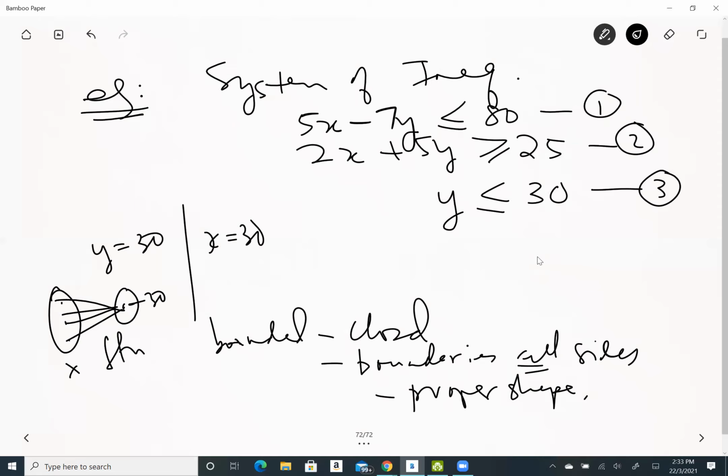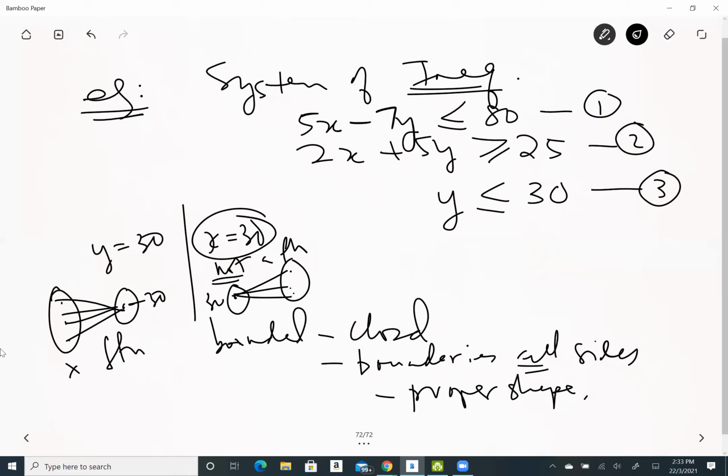Okay, this is not a function, because x equal to 30 maps to every value of y, so it does not satisfy the definition of a function. That's why you have here just a system of inequalities, because sometimes your linear equation may not be a function.